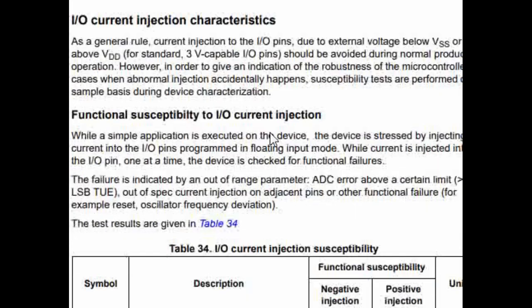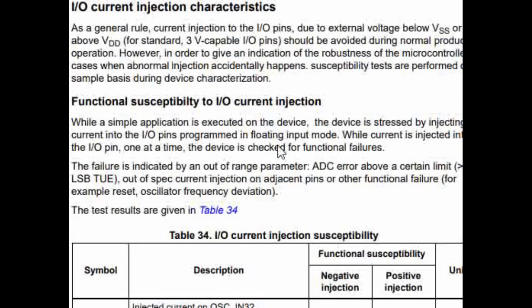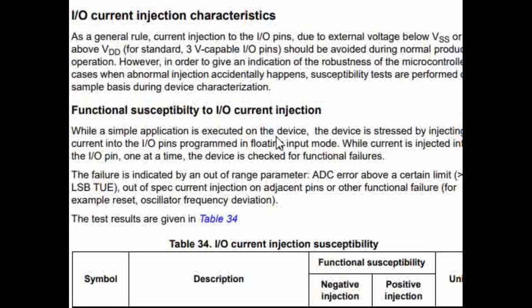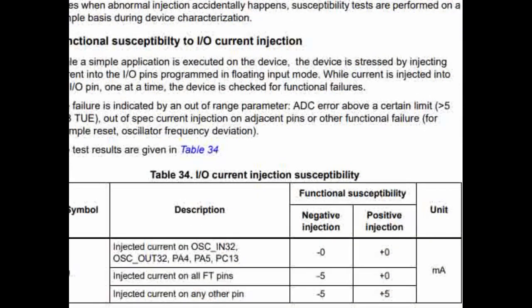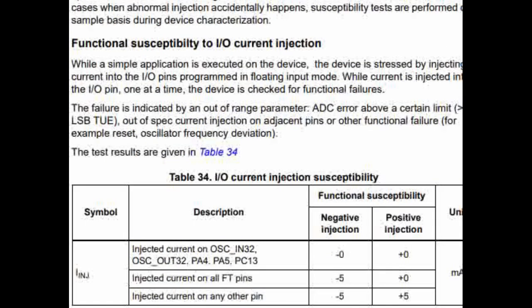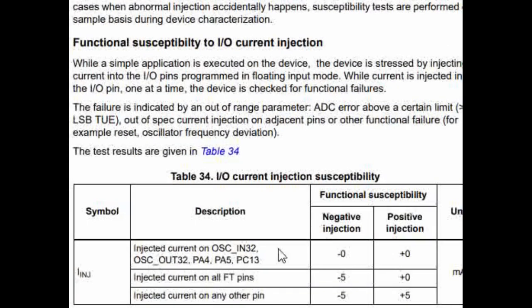Here is the datasheet of the STM32F103C6, where the injection current is specified for each and every pin. You can see the maximum injection current accepted is 5 milliamps, or negative 5 milliamps, where it is flowing in the opposite direction.